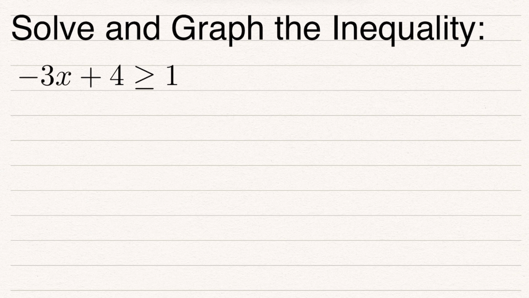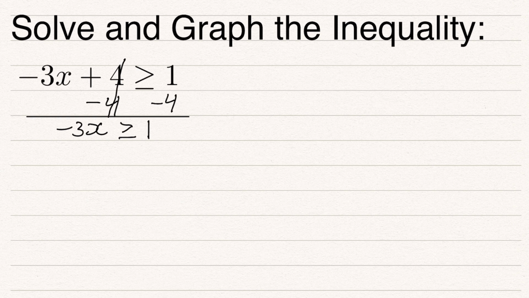Here we have the 1 variable linear inequality, negative 3x plus 4 is greater than or equal to 1. We're going to start by solving this inequality. So subtract 4 from both sides. Subtraction has no impact on the inequality sign. So we get negative 3x is greater than or equal to positive 1.